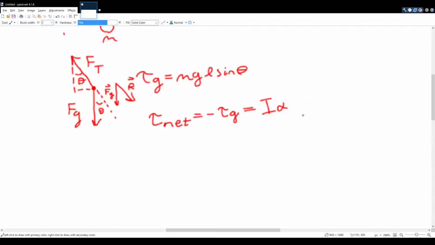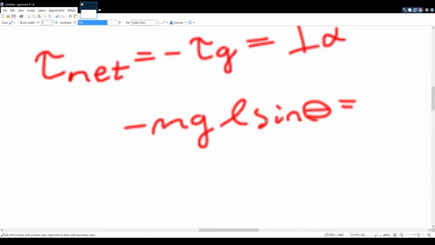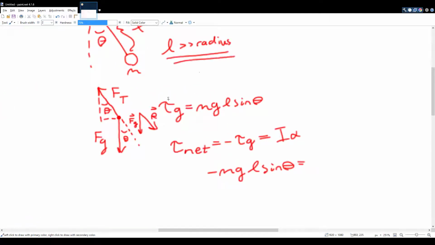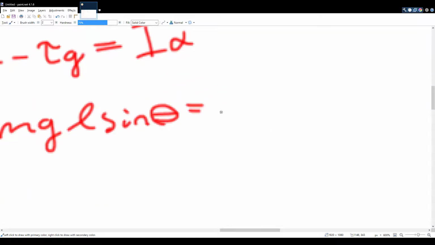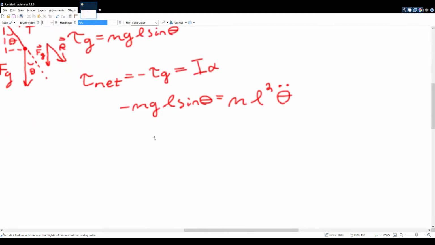The angular acceleration and the torque must be in opposite directions, so negative m g L sine theta is equal to the moment of inertia for a point particle, which is what we assume, essentially the math of L is much greater than the radius translated to practical reasoning, is m r squared. And r is not the radius of the disk, r is the radius of rotation, and the radius of rotation is L. So this is m L squared times the angular acceleration, which is just the second time derivative of theta.